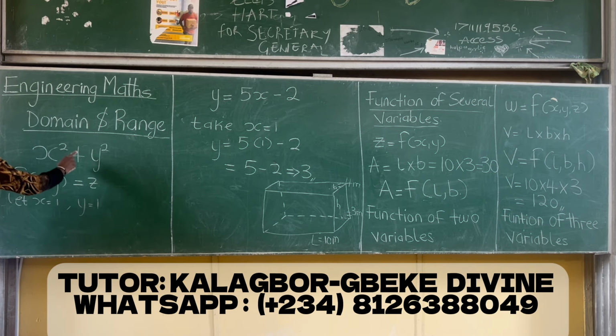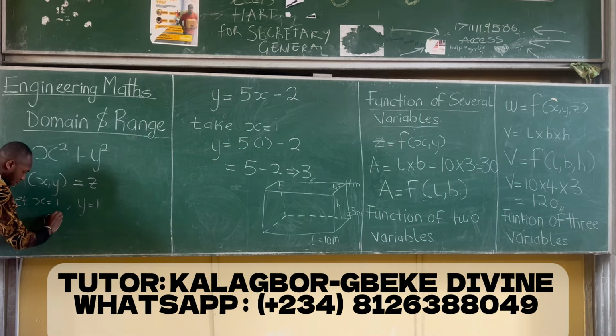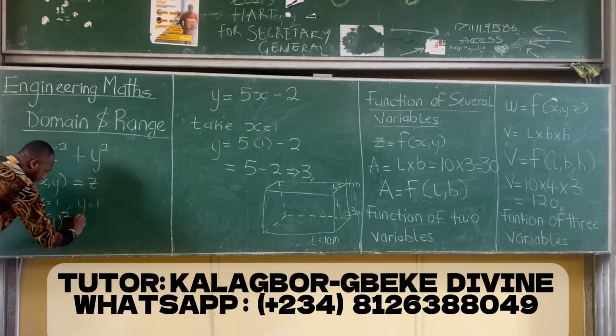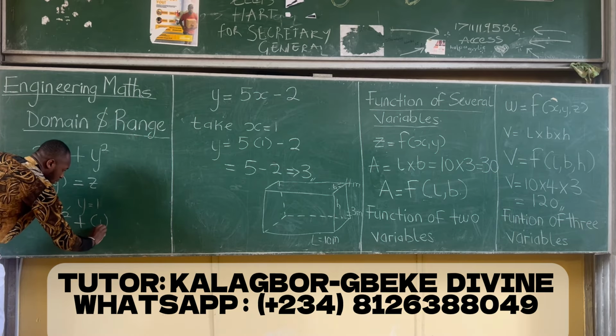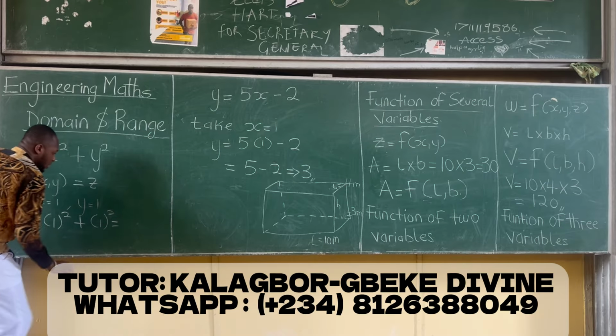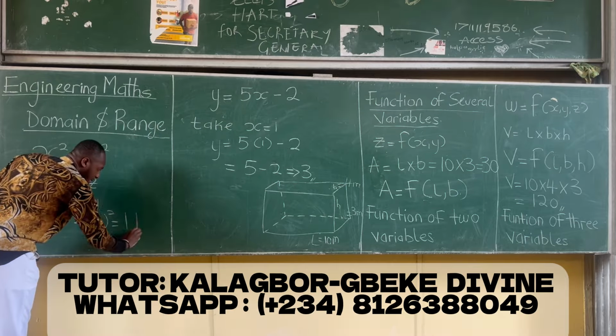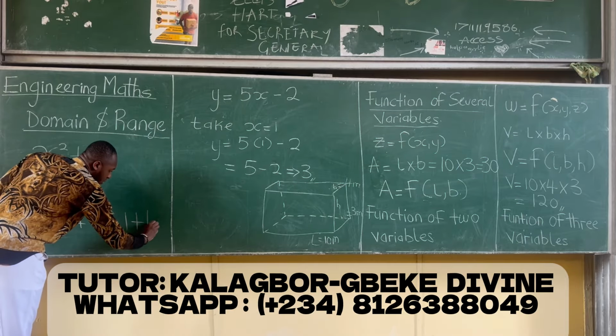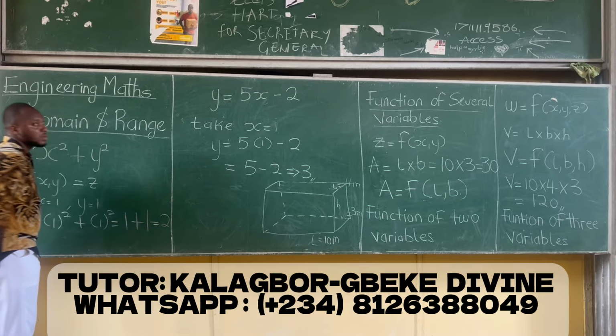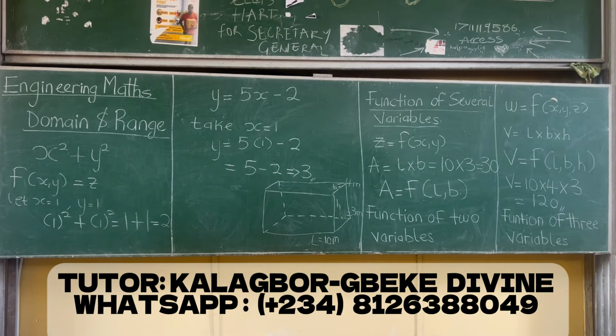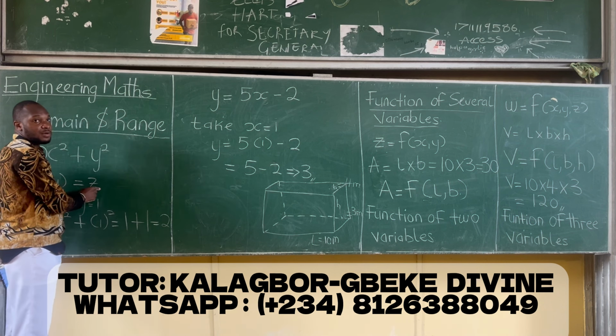So if we put x as 1 and y as 1, we have 1 squared plus 1 squared equals what? 1 plus 1, which is equal to 2.